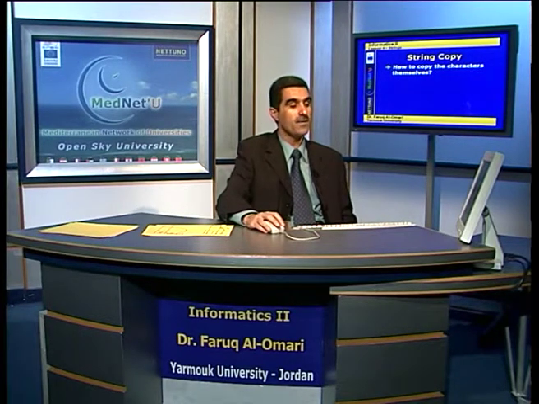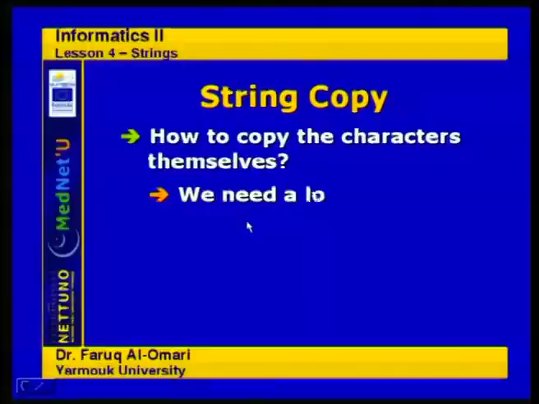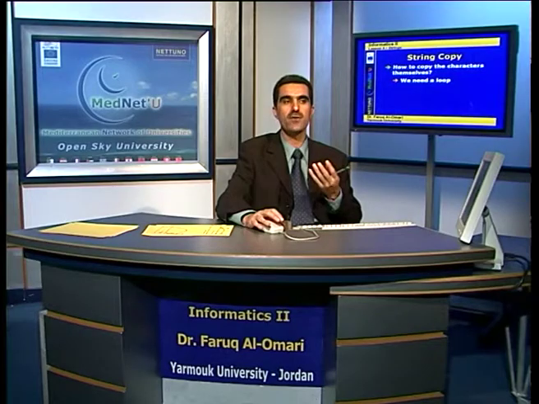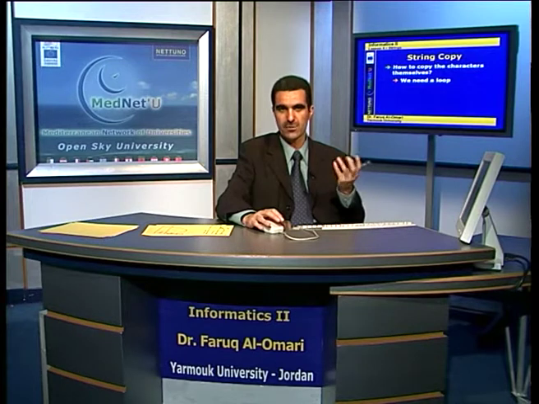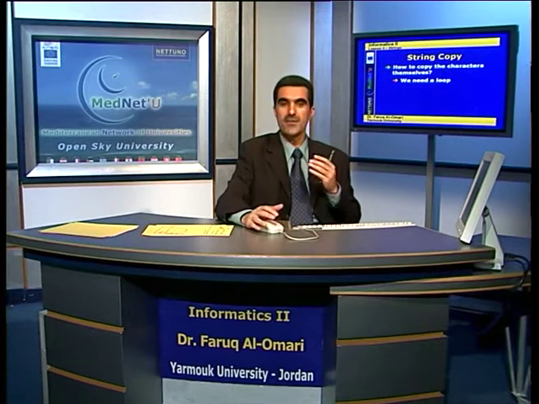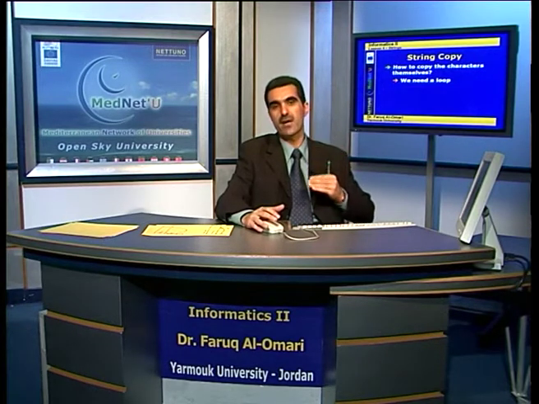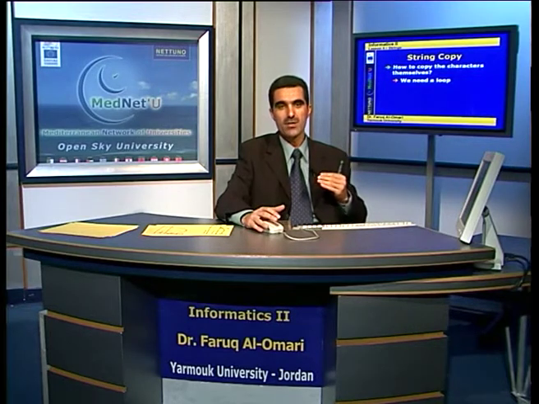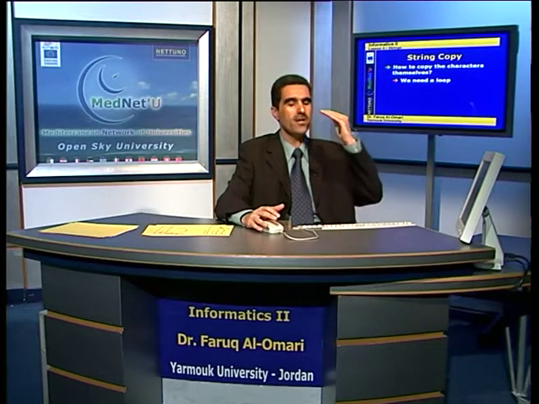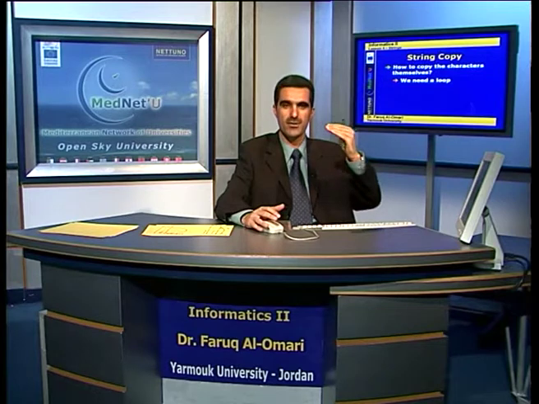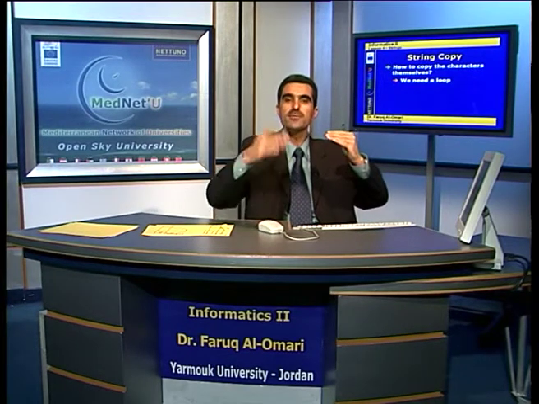We need to copy the characters themselves. How to do that? Well, as I said, in standard C, we don't have string functions, but rather we have lots of character functions. So basically, the string is nothing but a collection of characters contiguous in memory. So what I can do is start at the very first character in my string and loop.